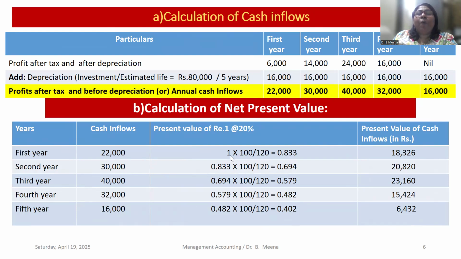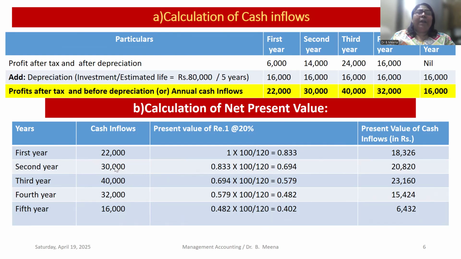First year, 1 into 100 divided by 120, that gives you 0.833. Then second year, take this value 0.833 into 100 by 120, that gives you 0.694. Take this value for the third year into 100 by 120, that gives you 0.5. Likewise, I am able to calculate the present value at 20% for 1 rupee.